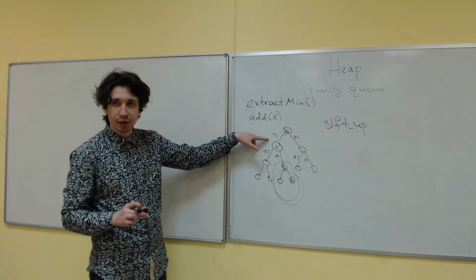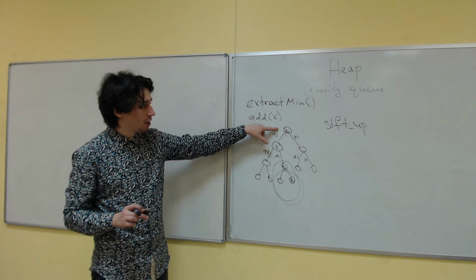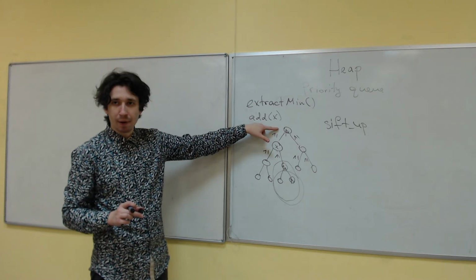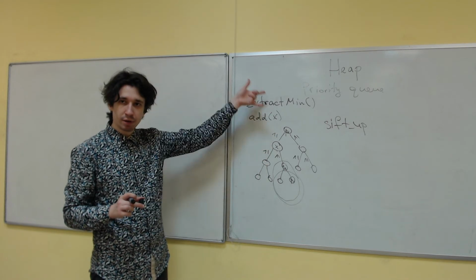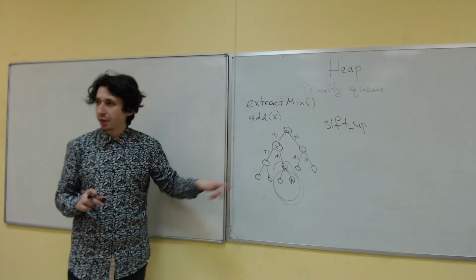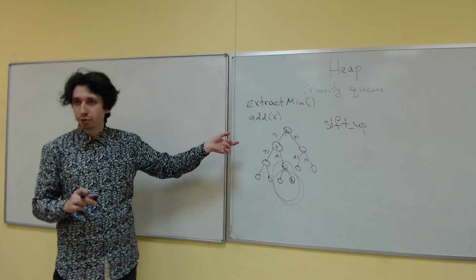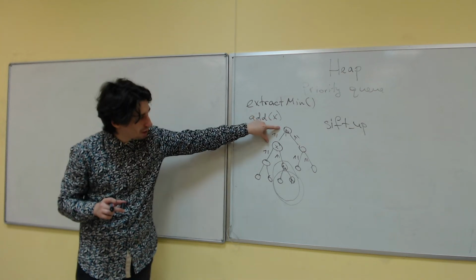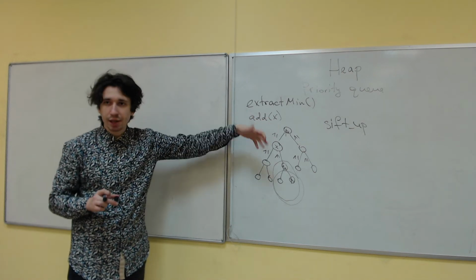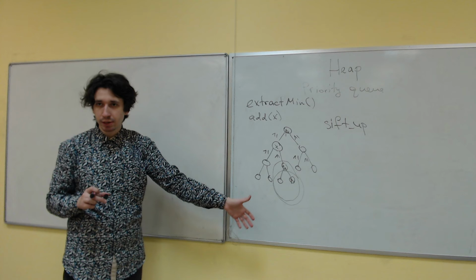So the only thing that could happen is that x is still smaller than the parent. By going up, we can continually perform the sift up procedure, and that is how x can be moved up to the root, or we can stop if x suddenly, for example here, if p3 is already less than x, then our heap is correct already.